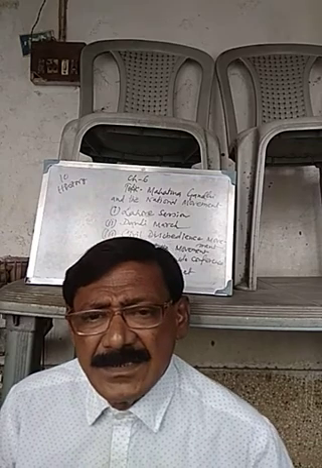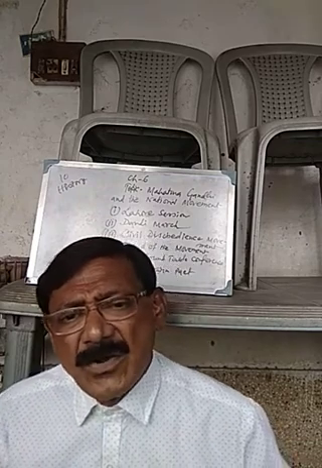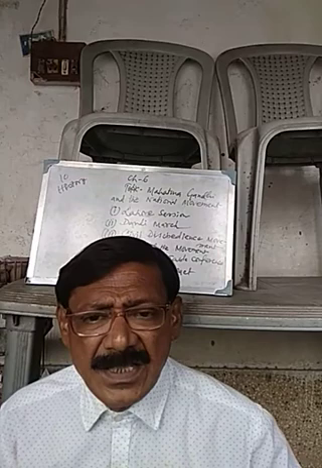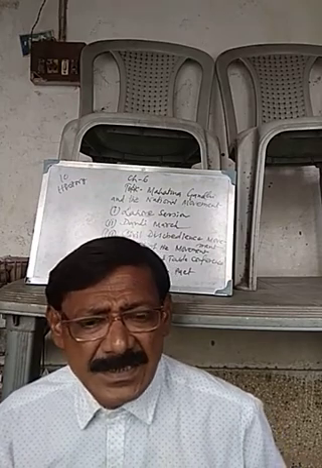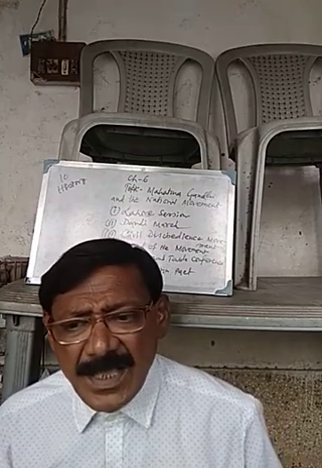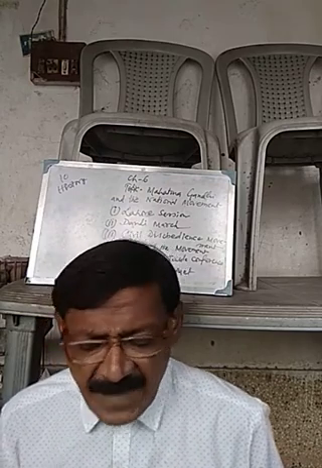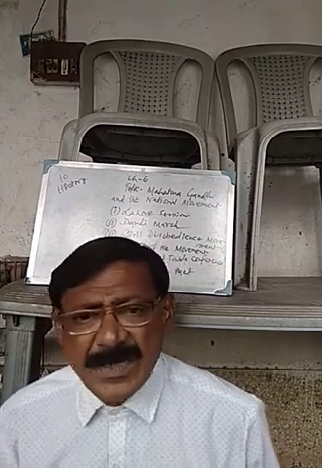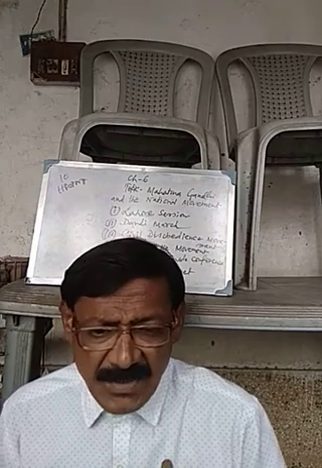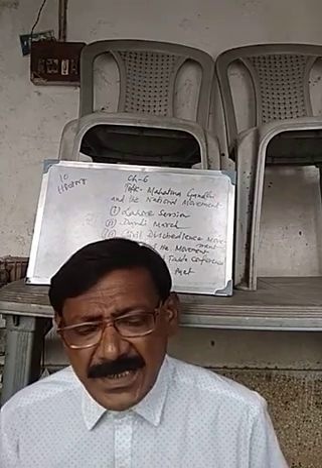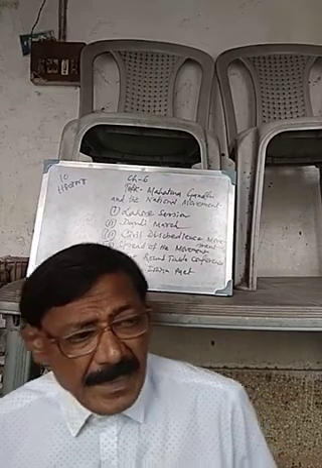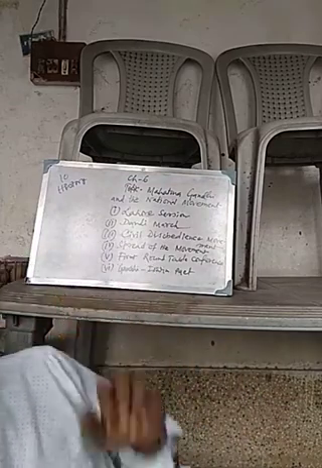That's why the Lahore session of the Congress is called the Historic Congress. The people of India decided to sacrifice their lives for the cause of real freedom, for the cause of complete independence. And next point, Dandi March.